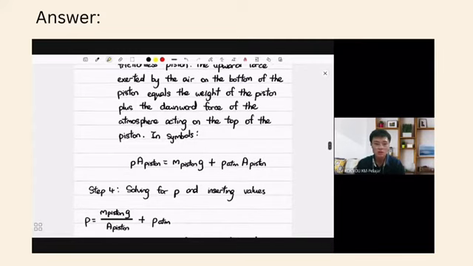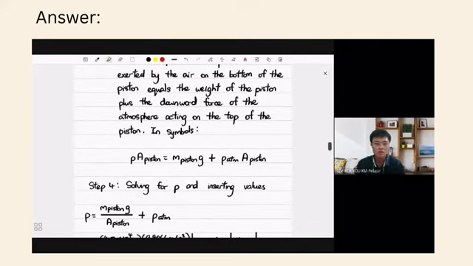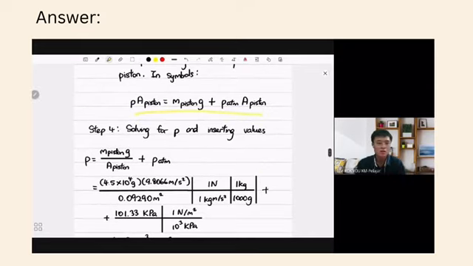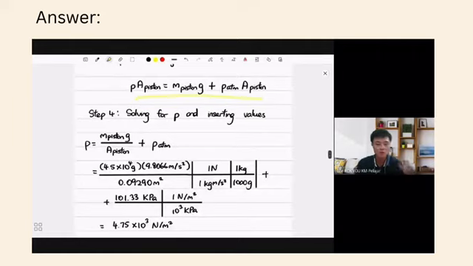Step 4 is to substitute the values into this equation. In order to find P, I do a little rearrangement: the pressure equals the mass of the piston multiplied by the gravitational acceleration over the area of the piston, plus the atmospheric pressure.